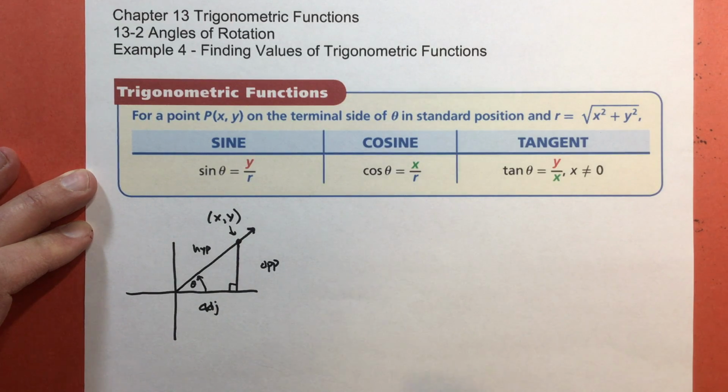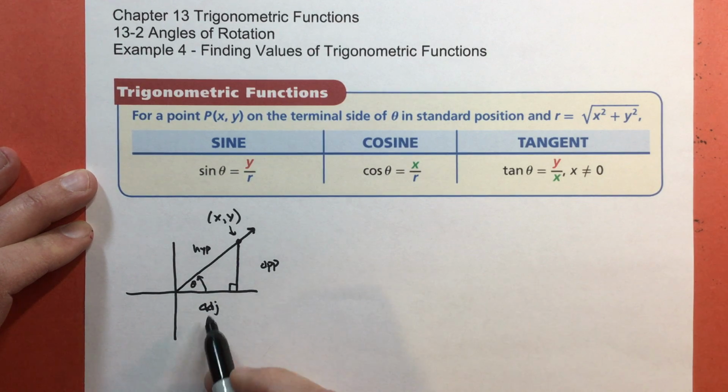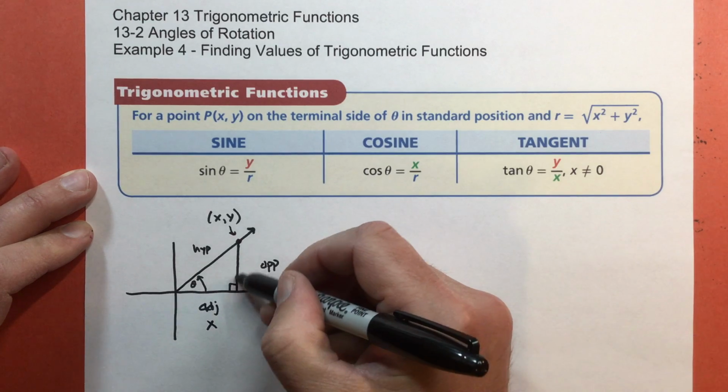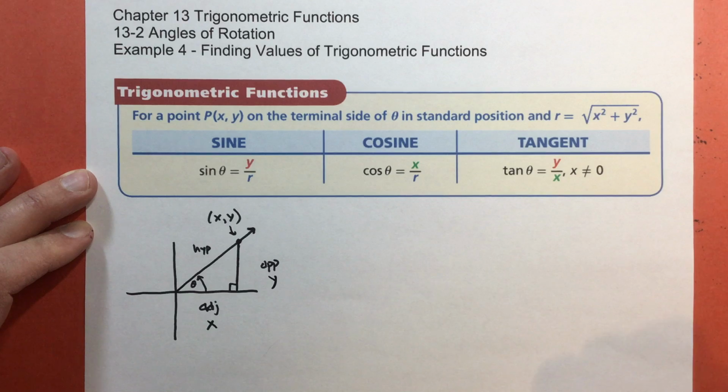Check this out. To go from the origin to find those coordinates, I go to the right and I go up. I go to the right x units, so the adjacent side represents x. And the opposite side, how far I'm going up, represents y. I'll sketch it here real quick.